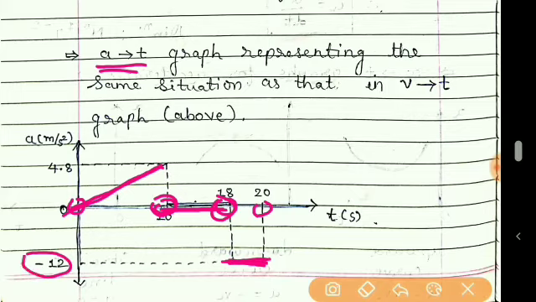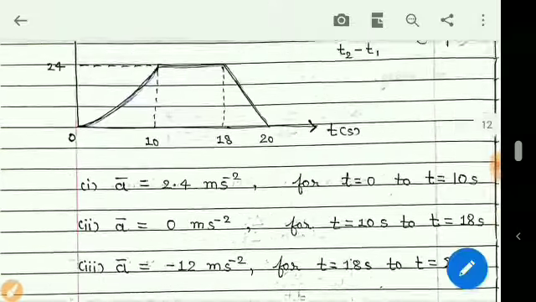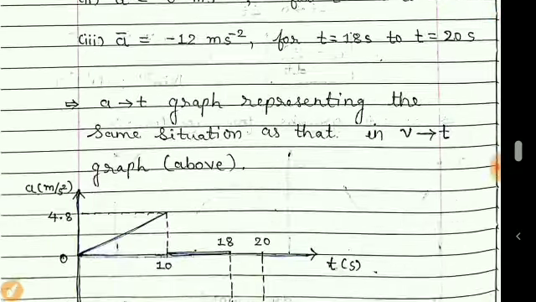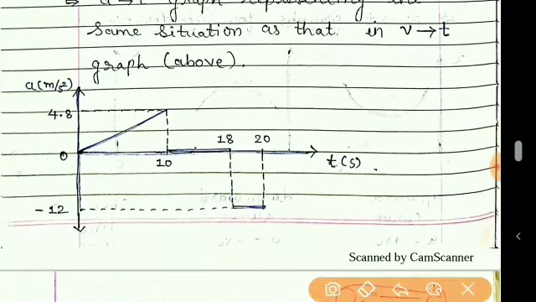So students, this graph for acceleration time is the same as this. Both graphs represent the same situation, but this is the velocity time graph and here it is the acceleration time graph. I hope you understood this also.